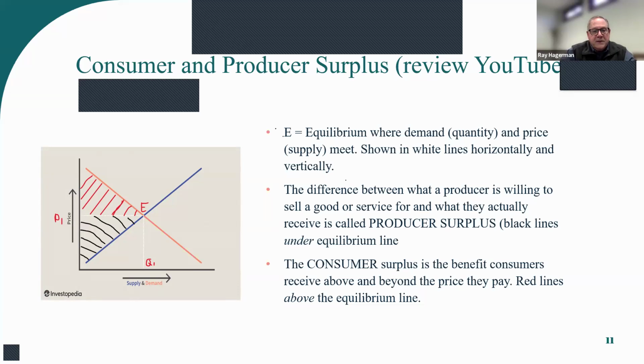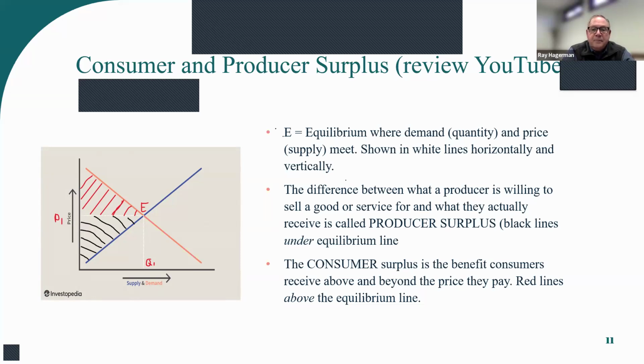So where those intersect, and we talked about this before, is called equilibrium, right? It's where demand and price meet. Okay, so in this particular case, at P1 and Q1, which are the white dotted lines that connect to the E, those are the points you get if you drew them straight across to the price and straight down to the quantity. It's important that you know what that affects. So in this particular case, we're looking at, let's say, producer surplus.